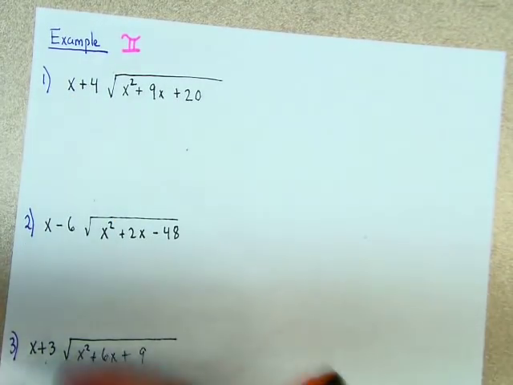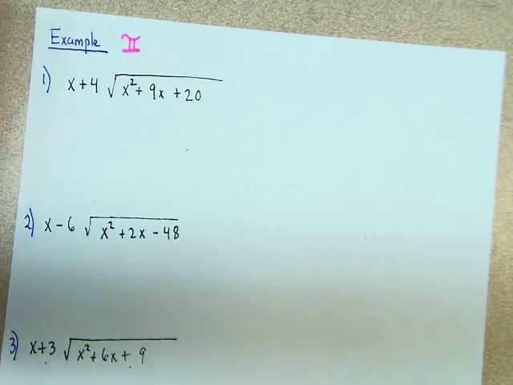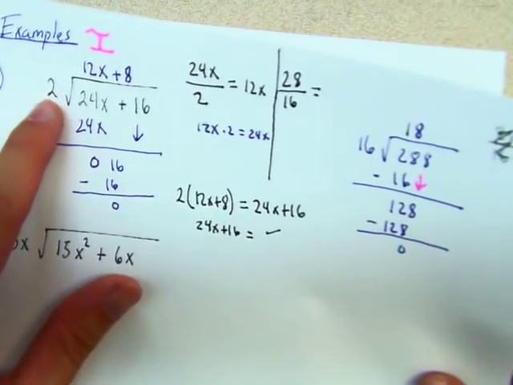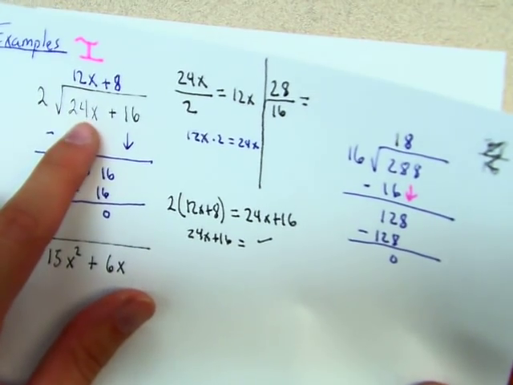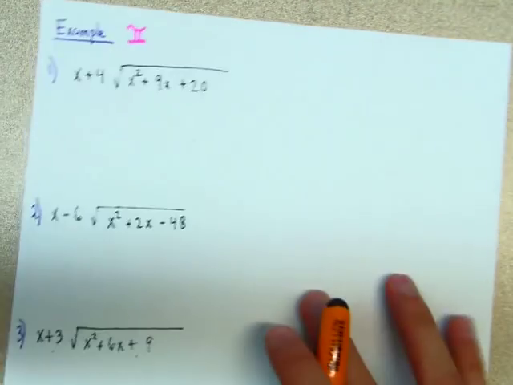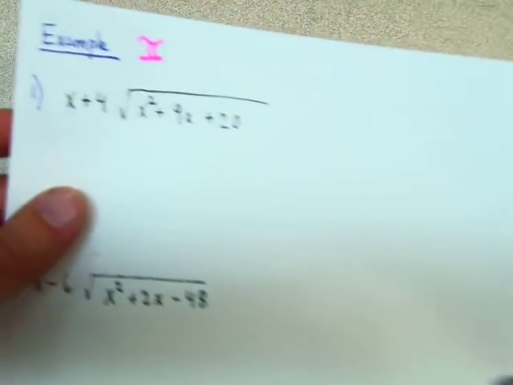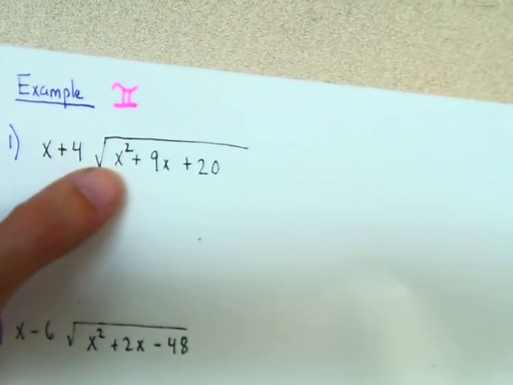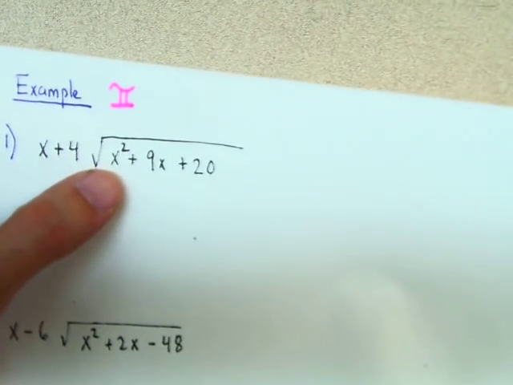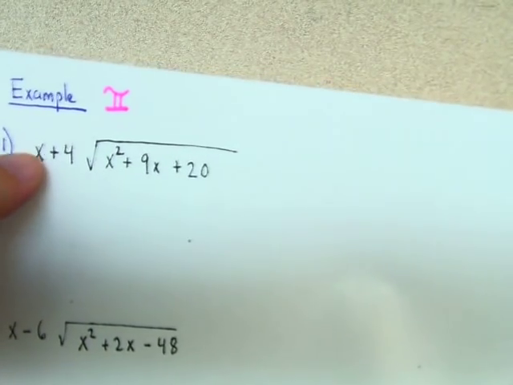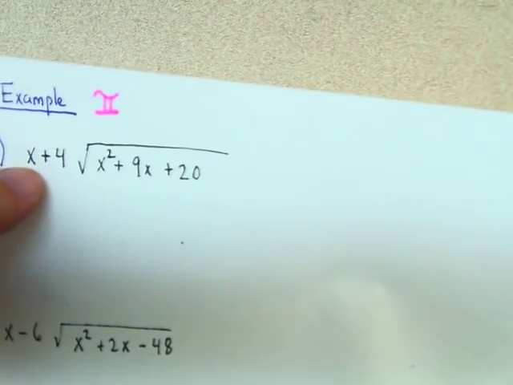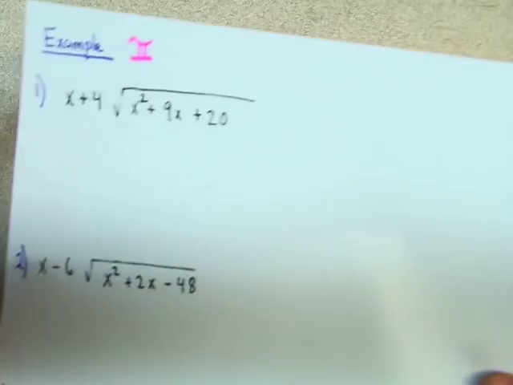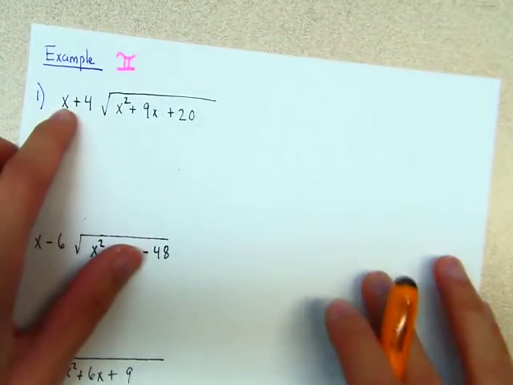The same way, before, in this question, we asked ourselves how many times does 2 go into 24x. Now, what you're going to ask yourself is simply how many times does x go into x squared? That's the rhythm.